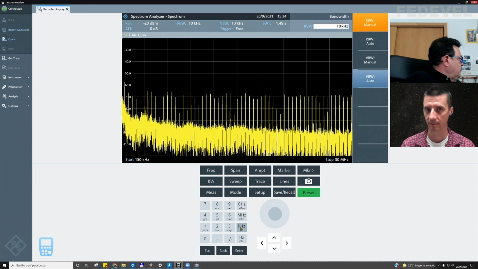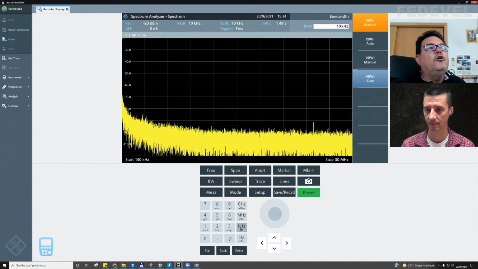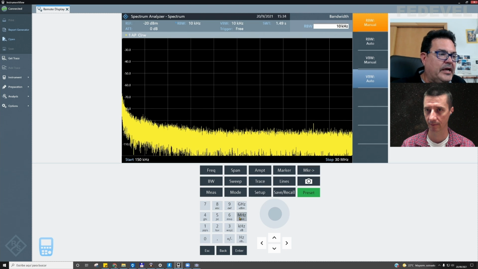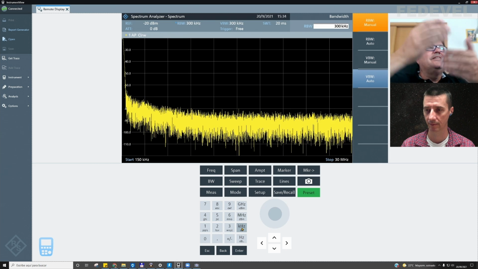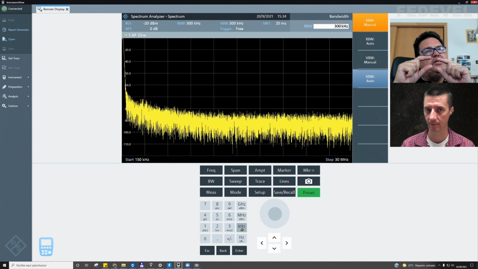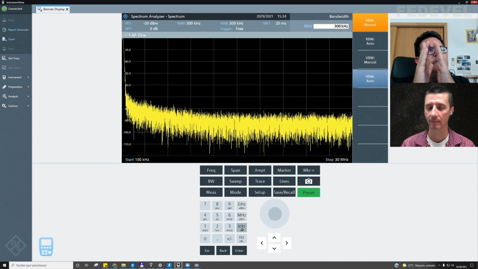Let me switch off the product. I switch off the product. So this is the noise level. Now, if I increase the resolution bandwidth from 10 kilohertz to 300 kilohertz, you can see that the noise level increases. So the idea is that if you want to measure very small signals, it's better to use a small resolution bandwidth.